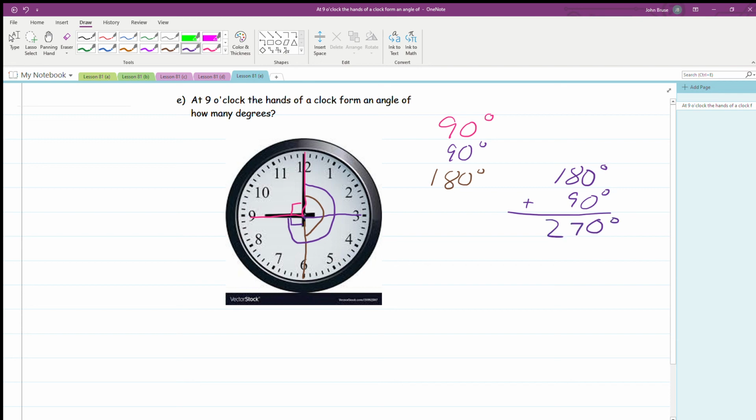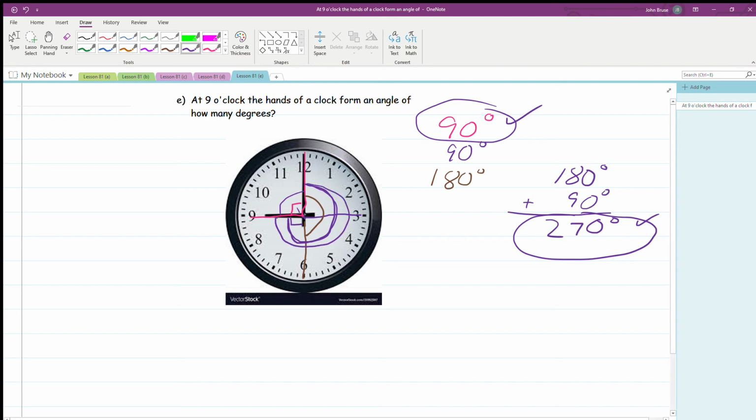If we're talking about this purple angle here, it is exactly 270 degrees. They wanted to know this measure, which is this pink little perpendicular line, that's 90 degrees, so this would work. But I think a better answer would probably be 270 degrees. This is the answer the book is looking for. This is Mr. Bruce thinking from 12 to 9, we go all the way around. All right, so it's 270 degrees.